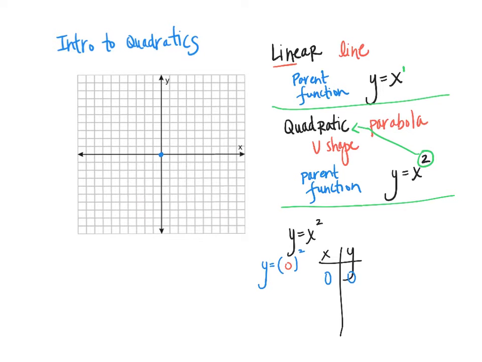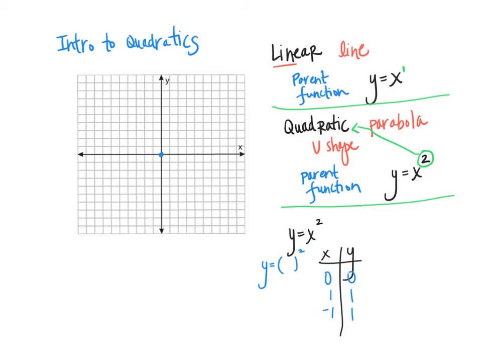All right, what about if x is 1? Well, 1 squared is going to be 1. Well, what if x is a negative 1? What is negative 1 times negative 1? That's positive 1. Okay, we're going to do a few more.